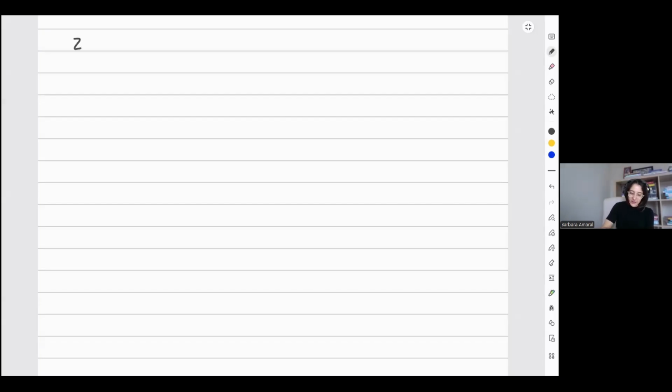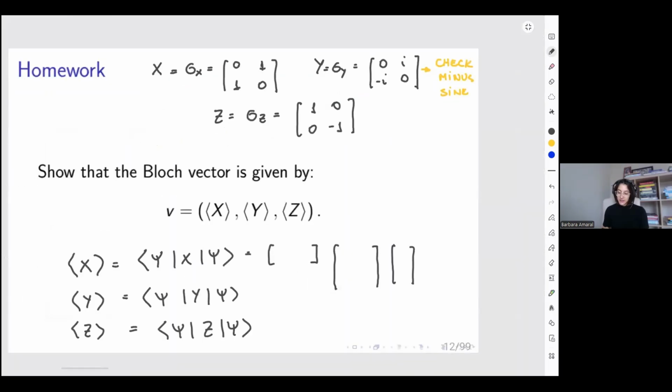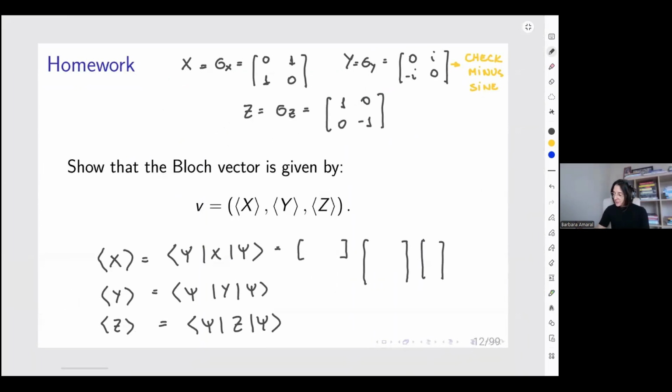So if we look at the operator Z, one important thing here. Sometimes when we're studying quantum physics, they define sigma x and sigma y with an h bar multiplying these matrices.